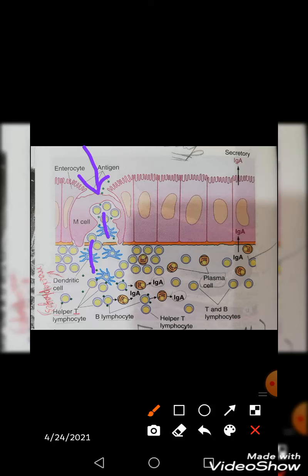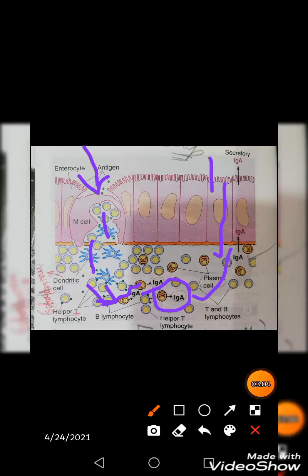Then they come across the helper T lymphocyte and B lymphocyte, and are finally transformed into plasma cells, which secrete IgA that reaches the lumen to cope with the bacteria.